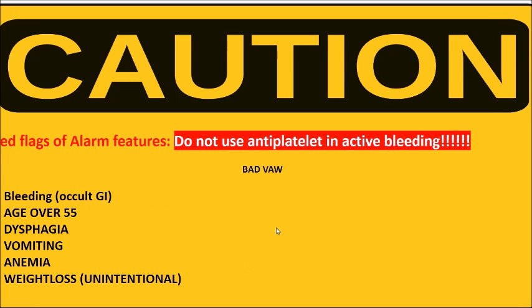The red flags for antiplatelets, you could use this acronym: BAD VOW. So basically, people who are bleeding, people over 55 years old who present with symptoms of dyspepsia, also dysphagia, vomiting, especially persistent vomiting, anemia, and unintentional weight loss, because that's a red flag for using antiplatelets.